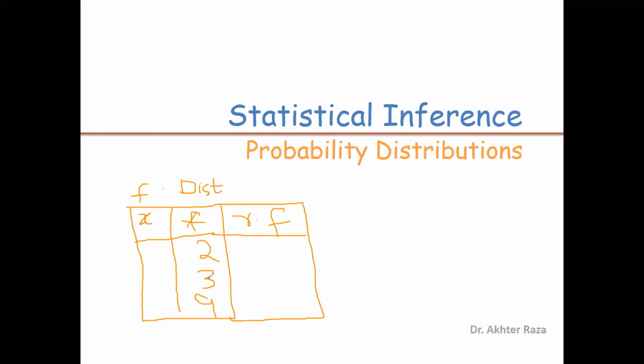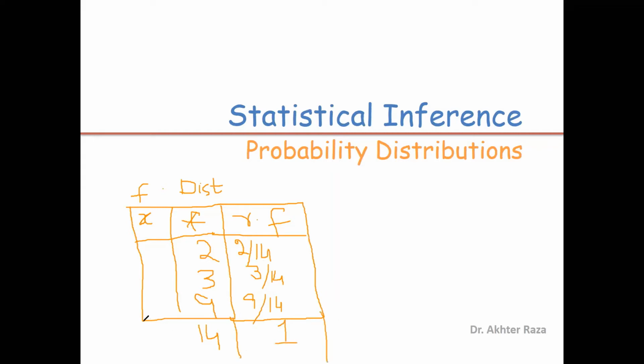And the total will be 14. So your relative frequencies will be what? 2 divided by 14, 3 divided by 14, 9 divided by 14, and the total will be 1. The total of the relative frequencies will also be 1.